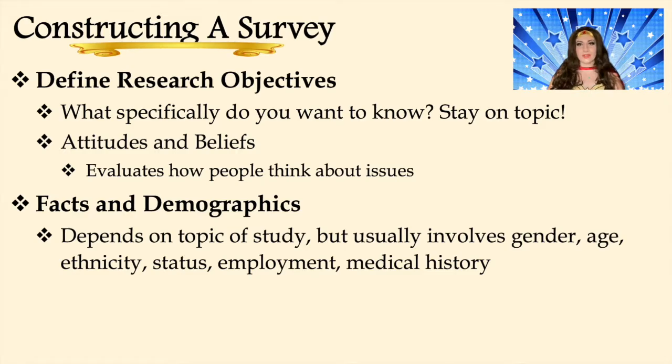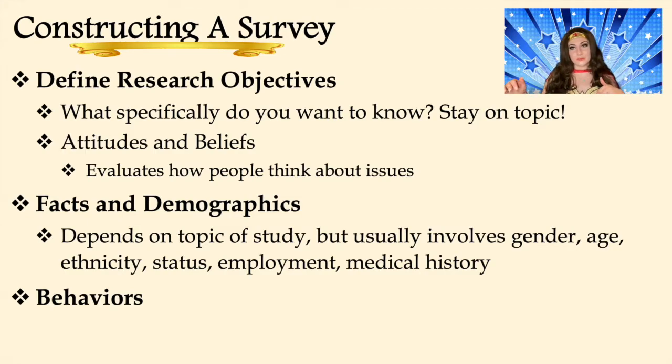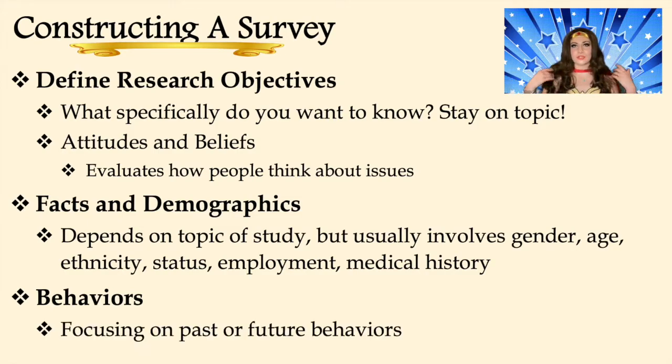And when using a survey to collect information on behaviors, you can focus on past or future behaviors. But again, you generally try to put a participant in a particular mindset, like imagine you were doing X, how would you react to this? Or think back to the last time that you went to the grocery store, how anxious did you feel during the pandemic, etc. So you can definitely gauge information about behaviors, but you just need to provide the context to the participants so that they can understand what mindset they should be in when answering your particular question.